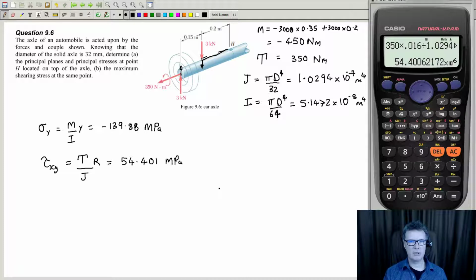What do you want? You want to know the principal stresses at H, the maximum shearing stress at this point as well. So all you're looking for is the same as before.